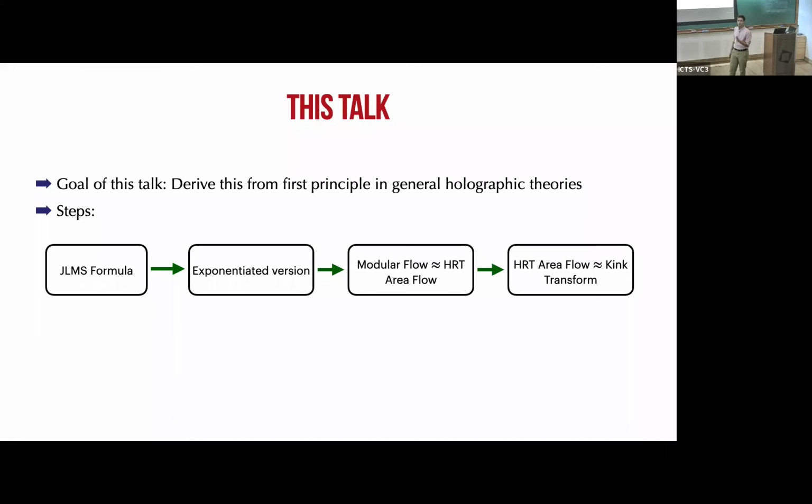So that's going to be important, but in general, it's going to be consistent. That's a special case where the kink transform just doesn't change the spacetime. All it does is take you from one Cauchy slice of the thermofield double to a different slice, which are related by symmetry, and so it's the same spacetime. That's a very special example, but this is going to work for more general situations.